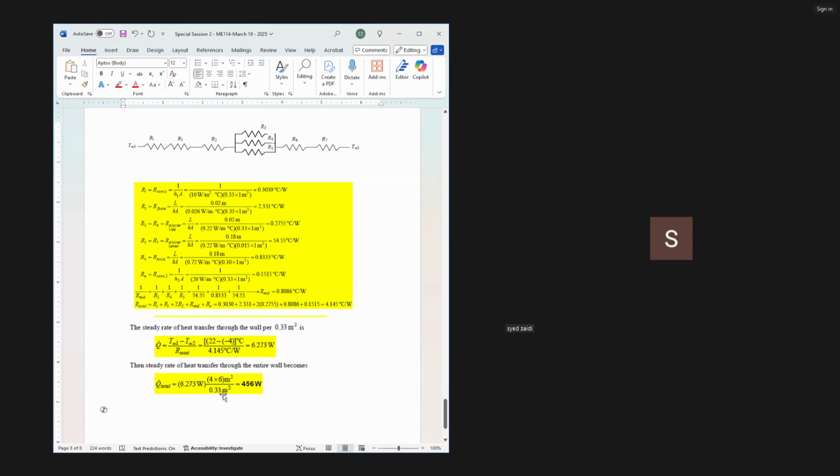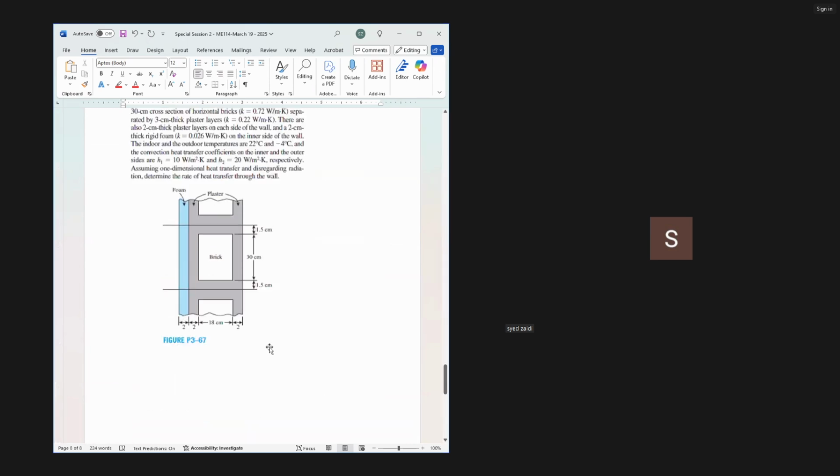So you get Q dot, and then through the wall, which is 4 meter by 6 meter, over your area, that will be the total Q dot through the wall, which is 456. So this value is multiplied by the total area of the wall divided by this ratio. The total area is 4 by 6.